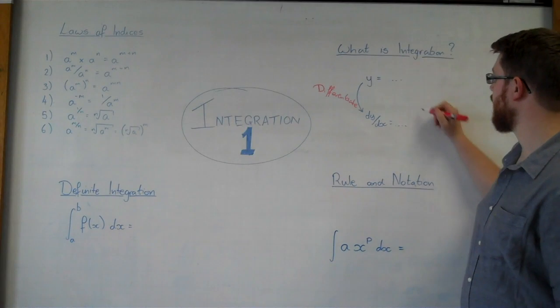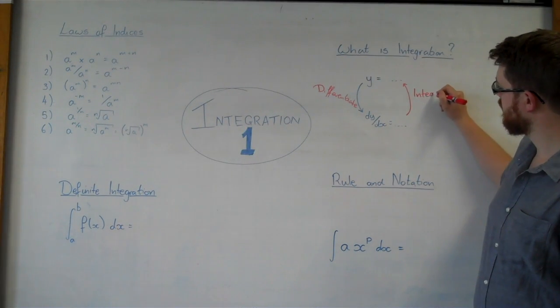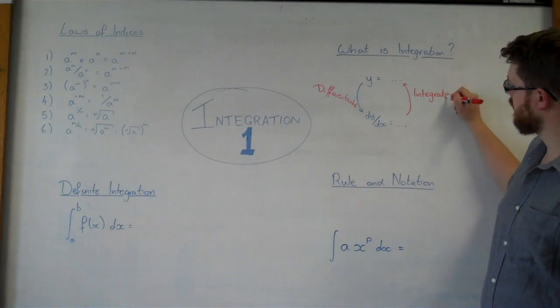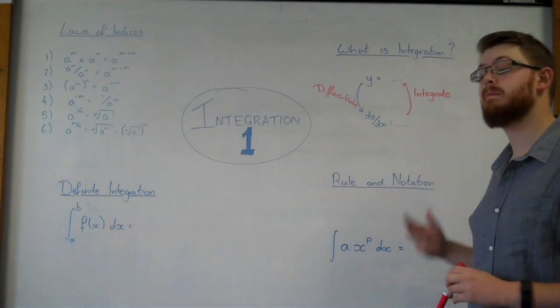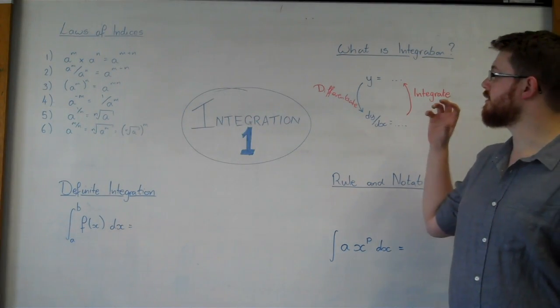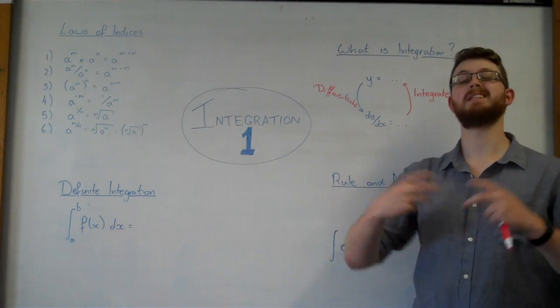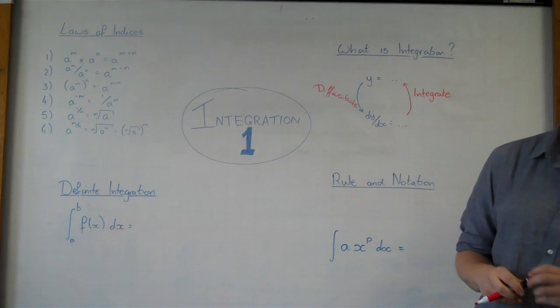Integration is going the other way. Essentially, in terms of core 1 and core 2, that's one of the main purposes. This understanding that to integrate, you are undoing differentiation, is a really important thing to be aware of.